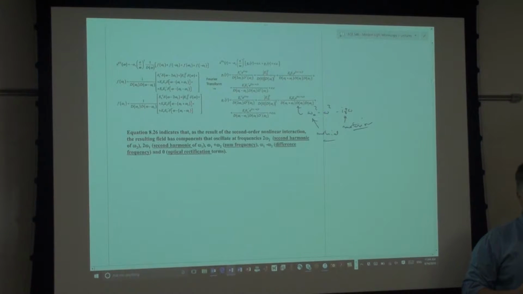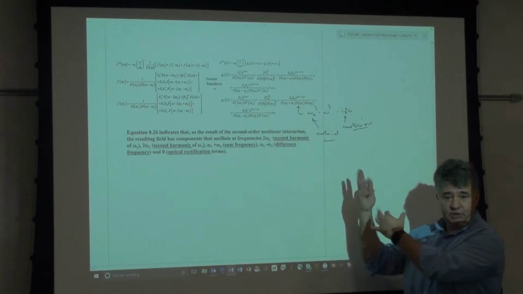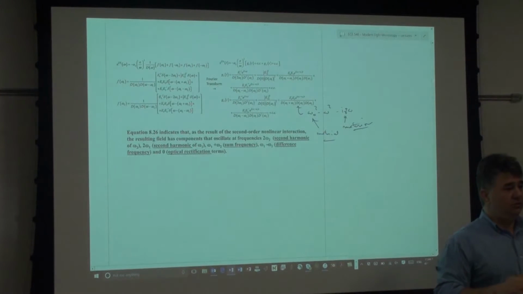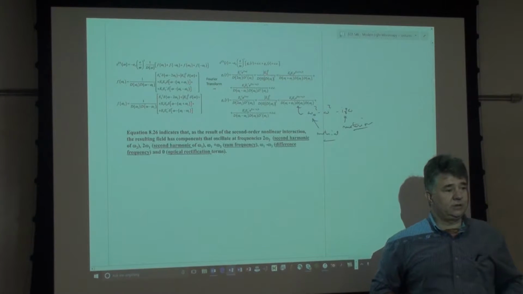So this is kind of cool. It means if I know how the response of that material looks in the linear regime, I can predict how it's going to look for any of these combinations: sum, difference, and second harmonic. So all you need to do is evaluate that linear response at the sum, evaluate at each frequency, and multiply them together.